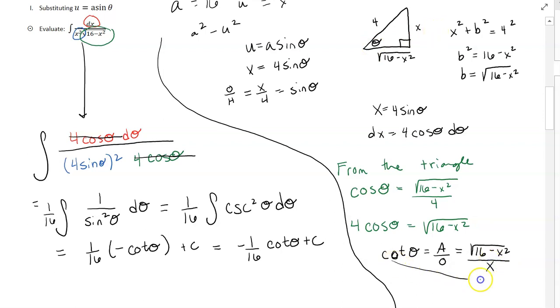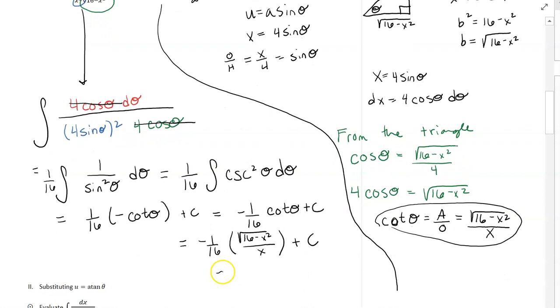So that is my cotangent of theta. So now I just come back over here and plug that in. That's negative 1 over 16 times the square root of 16 minus x squared over x, all plus c.